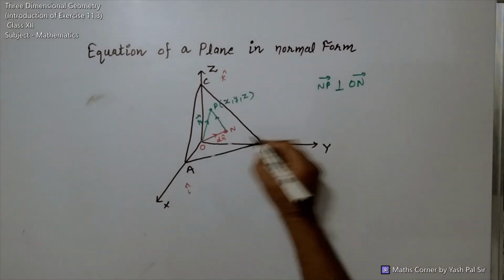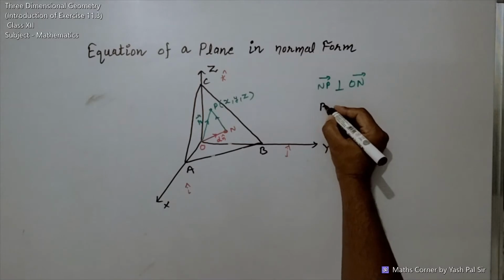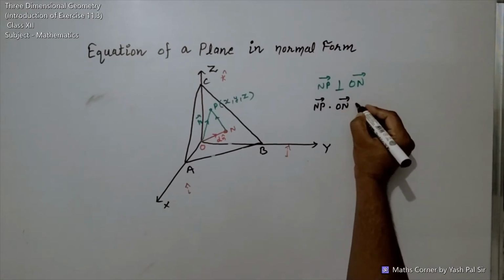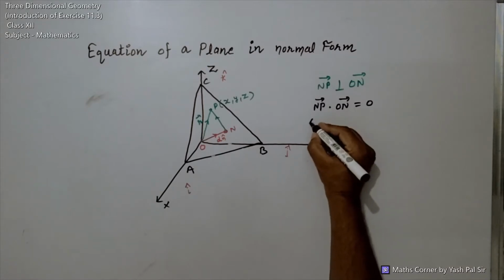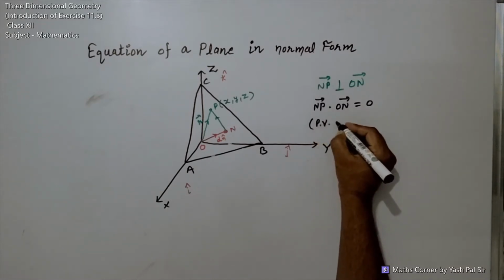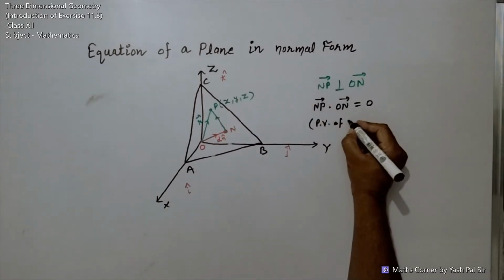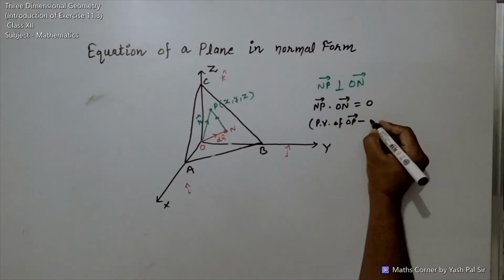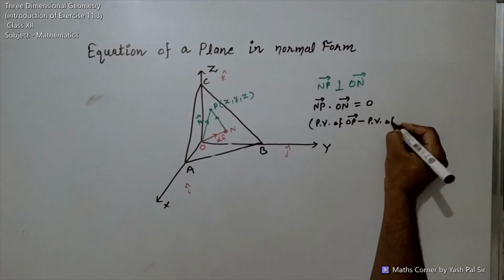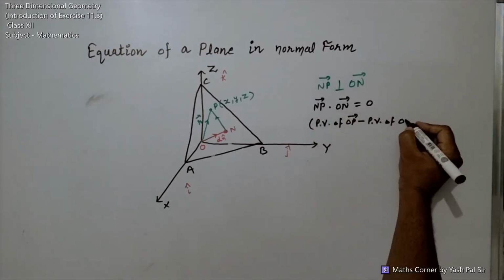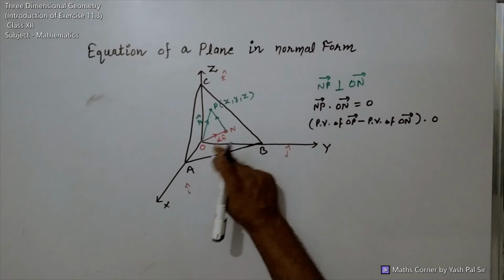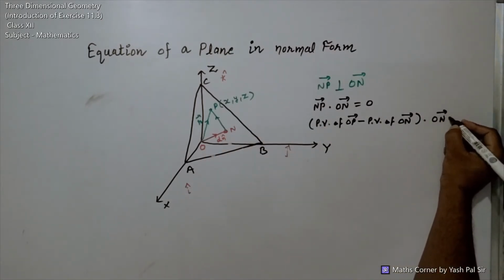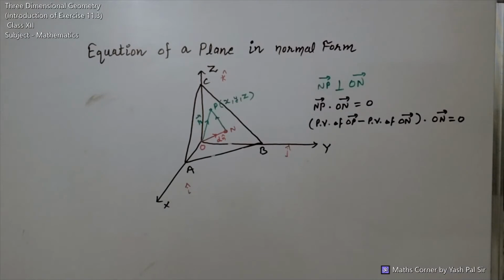If NP is perpendicular to ON, then we write the dot product of vector NP with vector ON equal to 0. What is NP? NP is the position vector of OP minus the position vector of ON, dot product with ON, that is equal to 0.